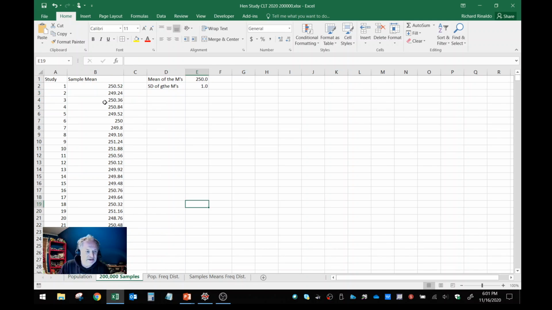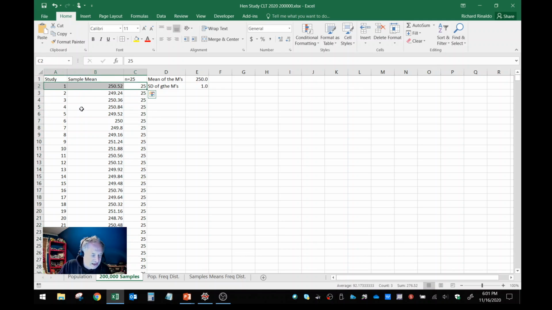So here it is. The first sample, n is 25, right? So there were 25 hens in this study, randomly sampled from the population, and the mean for those 25 hens was 250.52. The second study, randomly sample 25 hens and calculate the sample mean.